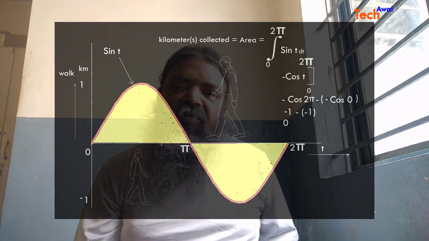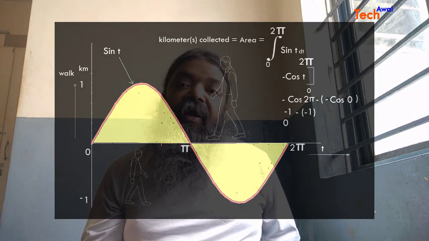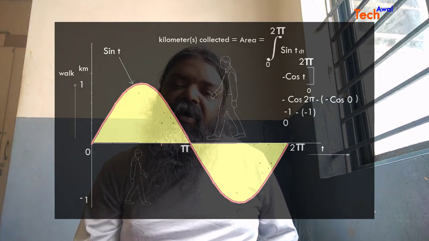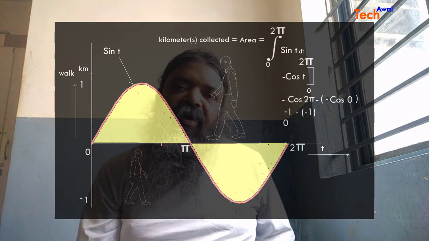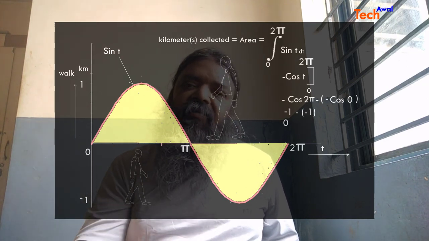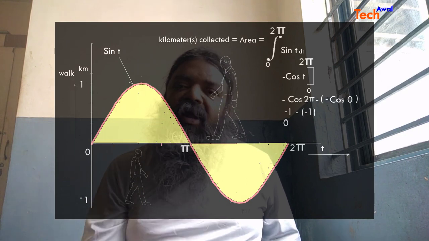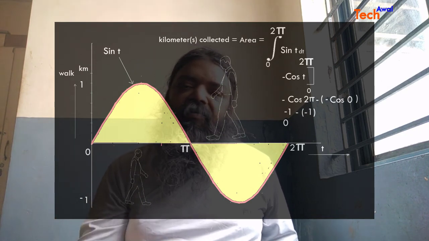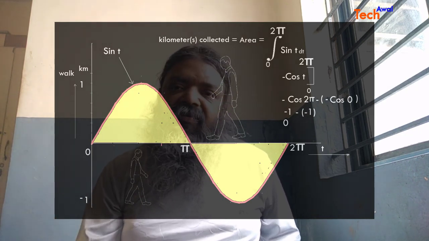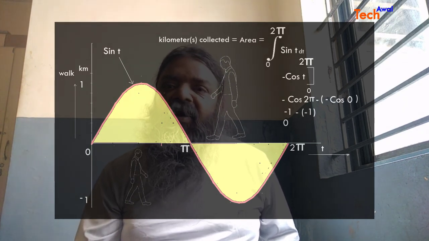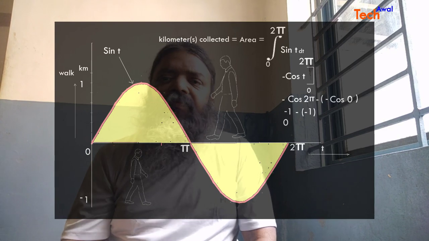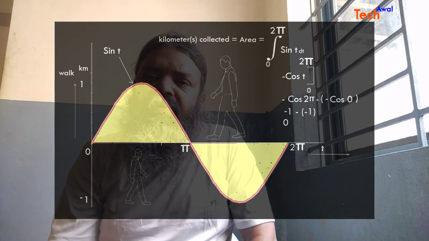He collected 2 kilometers. From pi to 2 pi, how much did he collect? It is negative, the way we see the sign. Negative means he is coming back. He proceeded with growing the collection of kilometers. At one moment the collection is maximum, then he decreased the speed and comes to rest. Negative sign means he is coming back.